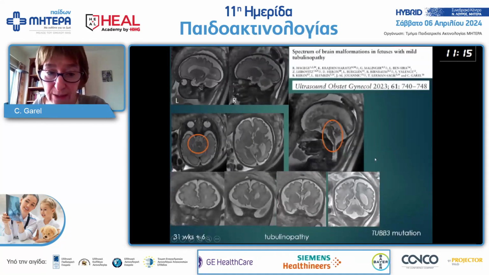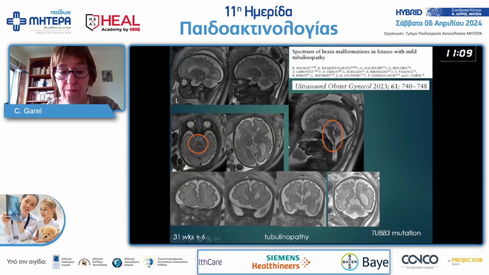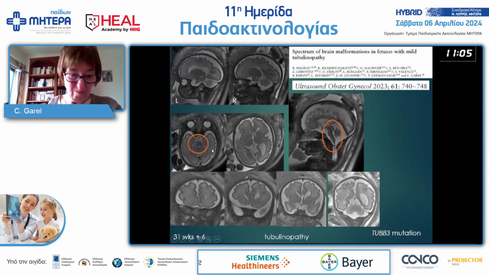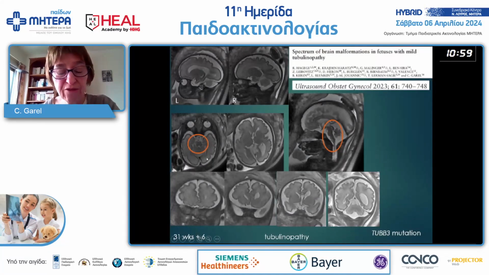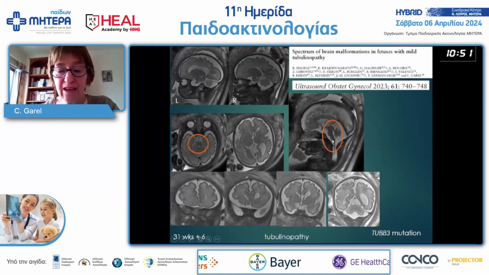All these findings were consistent with tubulinopathy, which was confirmed by MRI, which showed a finding which is so far impossible to show with the ultrasound. You can see here the typical asymmetry of the brainstem on an axial view, and you can see here that the bulge of the pons is abnormal.